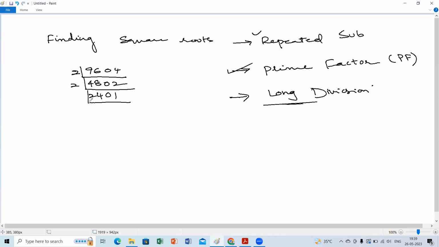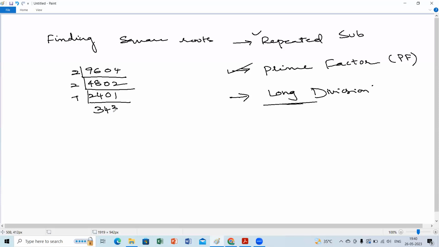Is it possible with the 7 table? Yes, 7 table. 7 ones are 7. 343. Very good, 343.